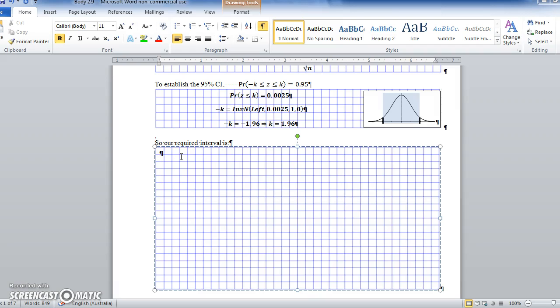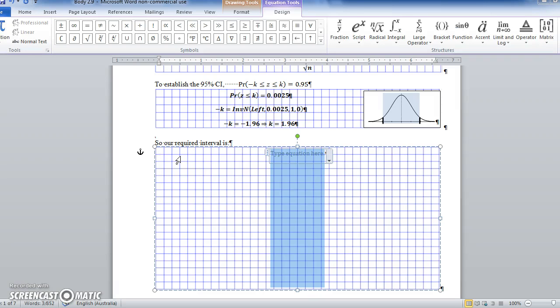So if we start with our interval, negative 1.96 less than or equal to Z, that's a sample that we're working with.